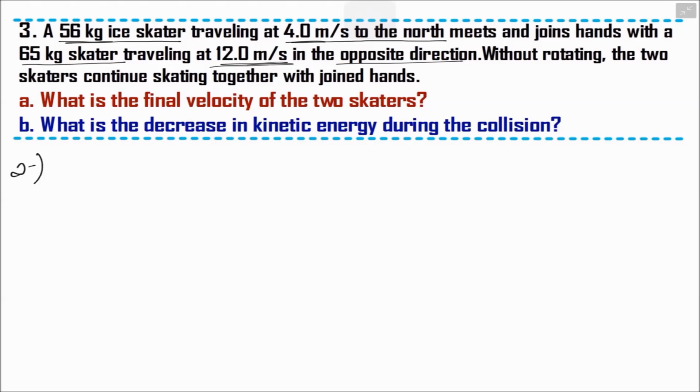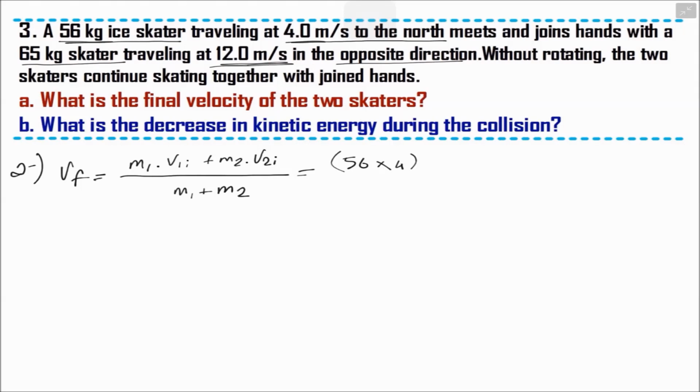So at part A we will use the formula V final equals m1 times v1 initial plus m2 times v2 initial over m1 plus m2. So mass 1 is 56 kilograms times its velocity 4 to the north, so it is positive, times 4, plus m2, which is 65 kilograms, times its velocity in the opposite direction, so it will be negative 12, over m1, 56, plus m2, 65.